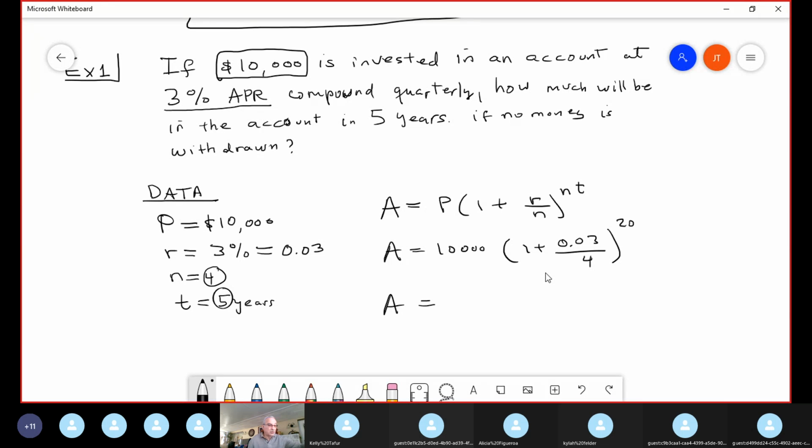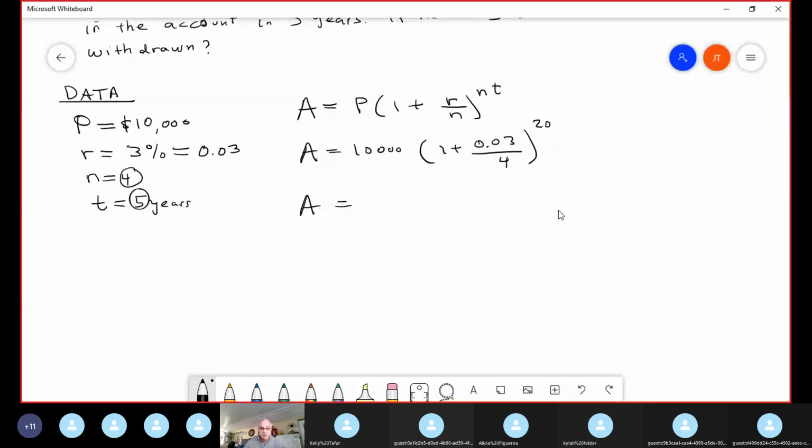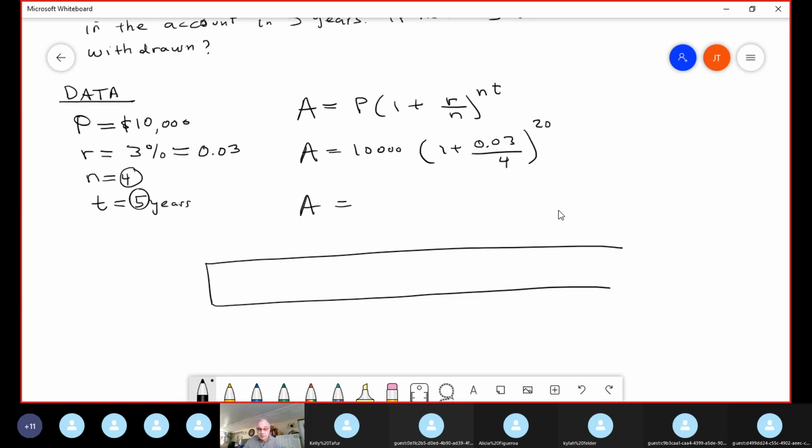Remember, we're using the calculator not only for logarithms, but also for exponentials. So you put it in the calculator like that. Let me try my own calculator. You try your own calculator also. In the display, you put 10,000, multiplication, open parenthesis.